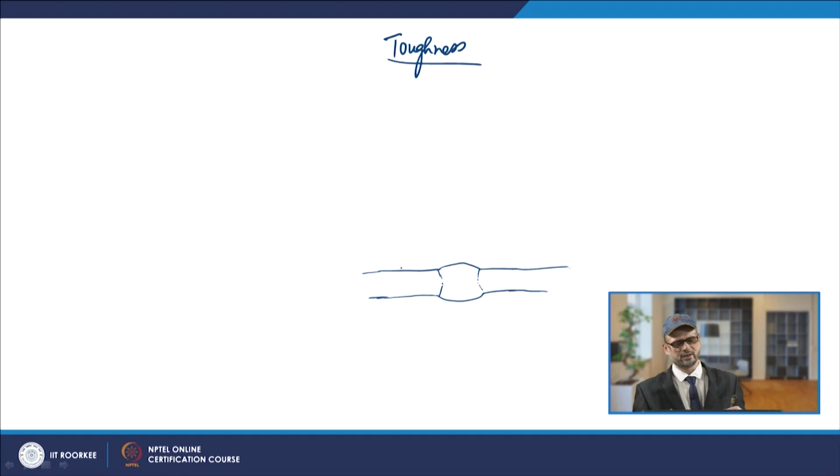So, accordingly, if you look at the different zones, this is your weld metal zone. This has been done for low alloy steel material.